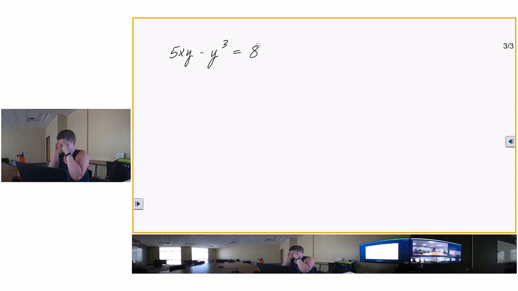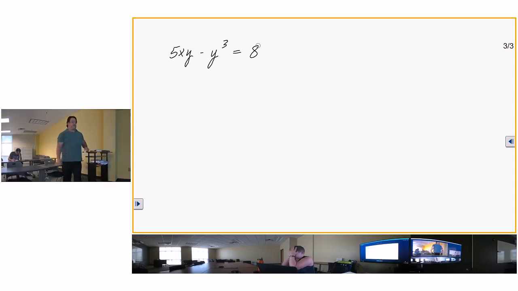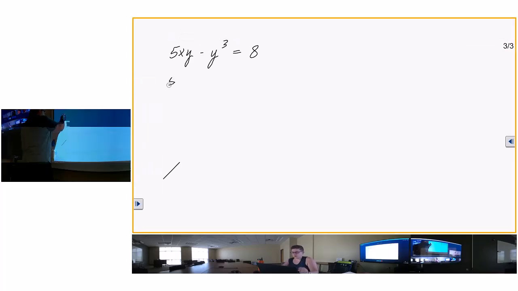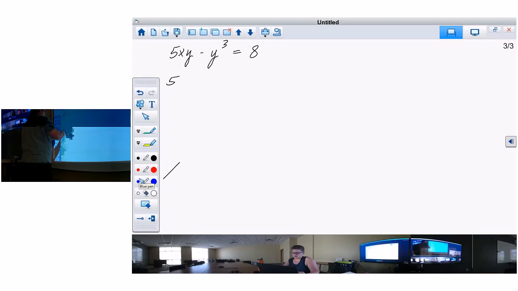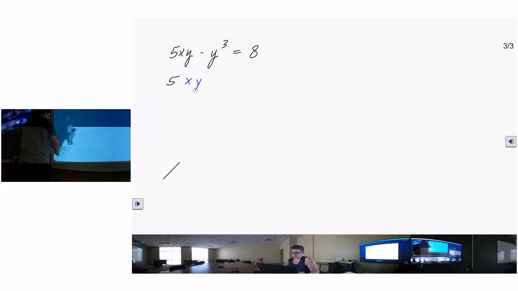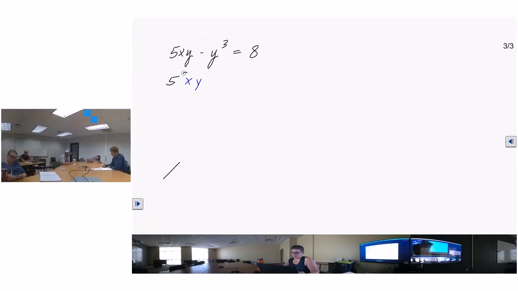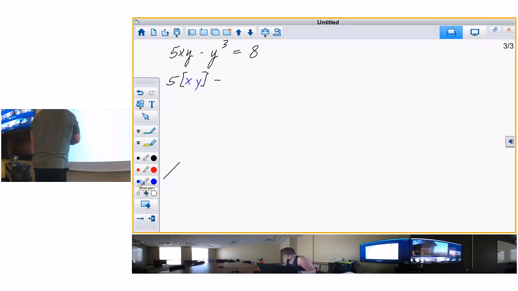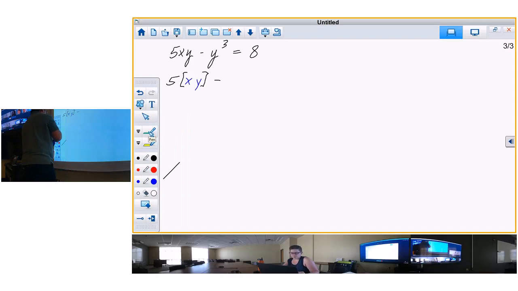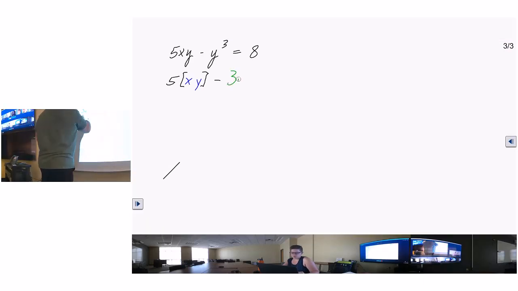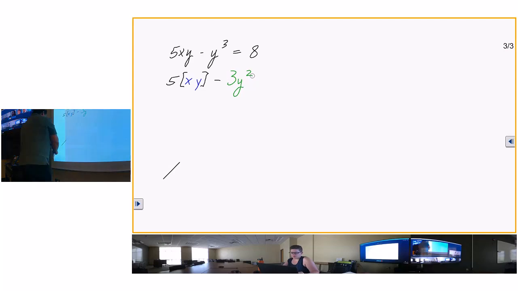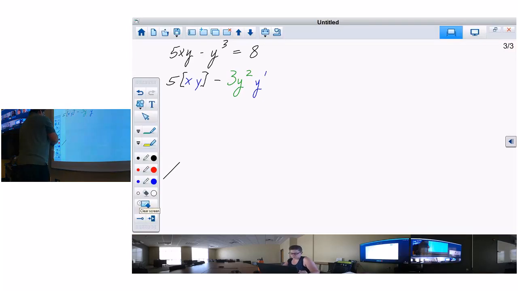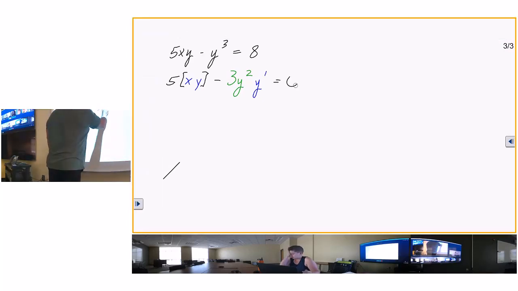I'll do the first line for you, just in case you really struggle with this one. 5, xy, minus. I'm going to take the derivative of this one and use my green. So that's going to be 3y squared, and then take my blue marker, y prime, is equal to what? 0.